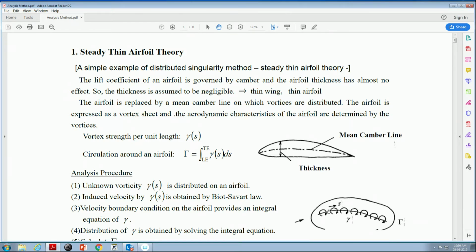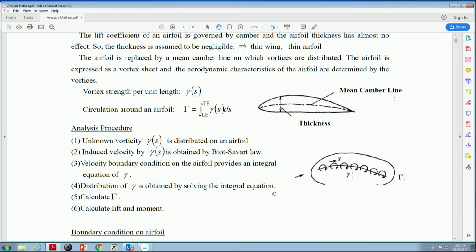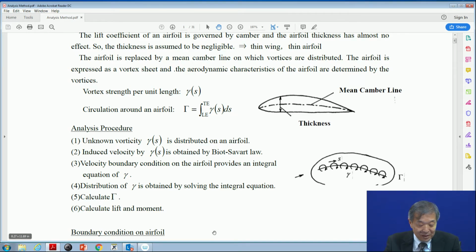So the airfoil is expressed as the vortex sheet, and the aerodynamic characteristics of the airfoil are determined by the vortices. The vortex strength per unit length is gamma. S is a local coordinate on the airfoil. And circulation around an airfoil is calculated by this integral, the gamma from leading edge to trailing edge. Capital gamma is circulation. The analysis procedure is shown here from 1 to 6.